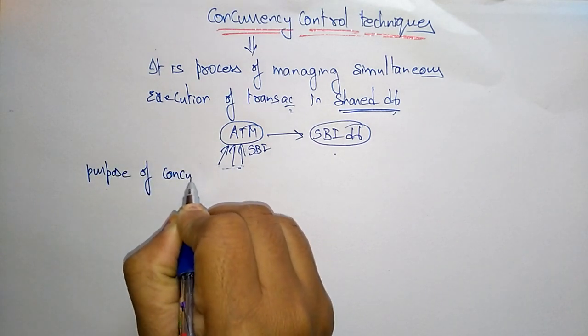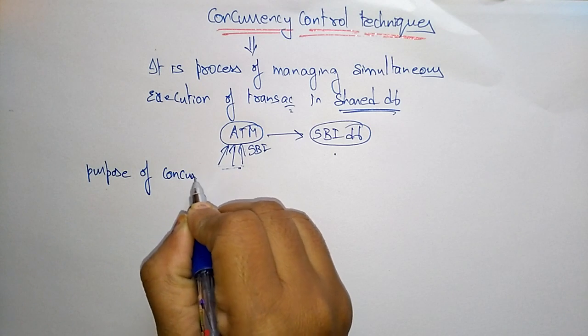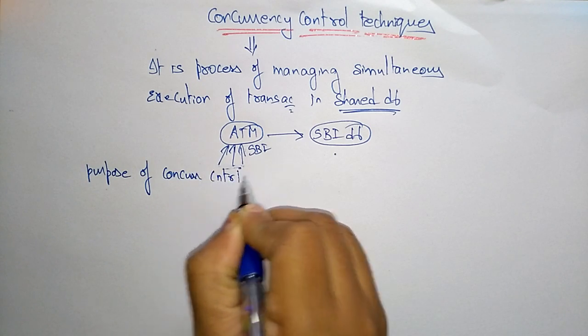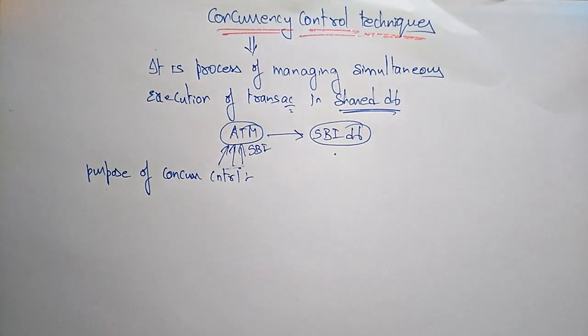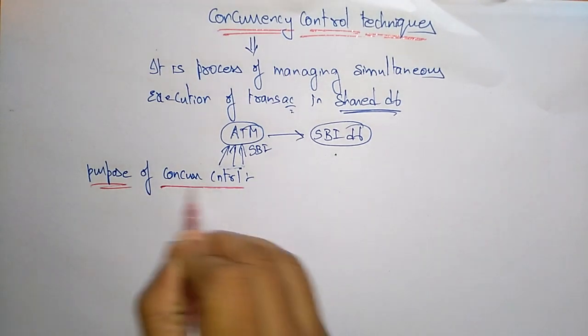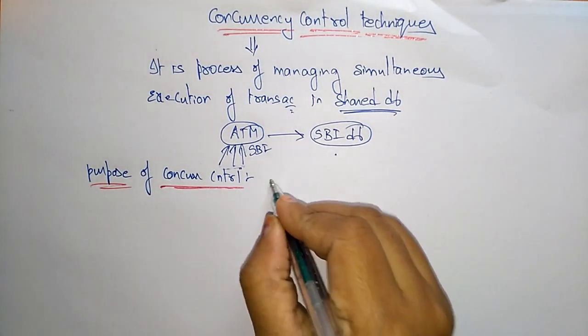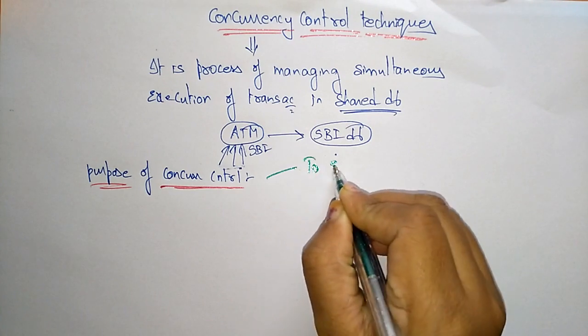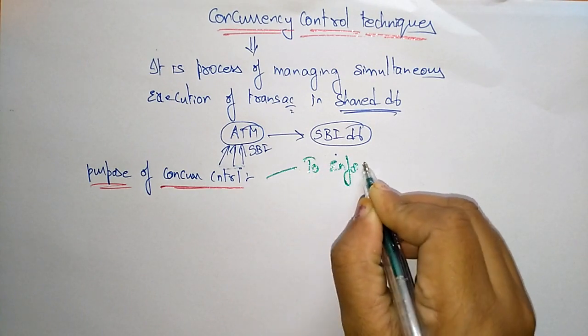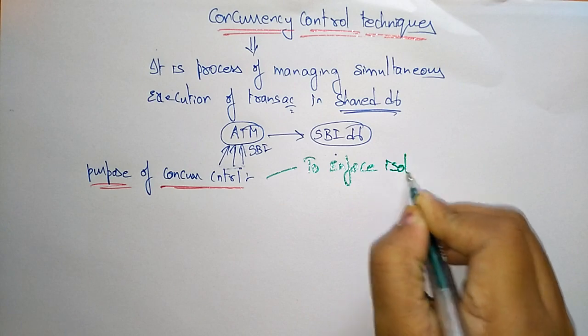Purpose of concurrency control. Okay, so what is the purpose? The first one is to enforce isolation.